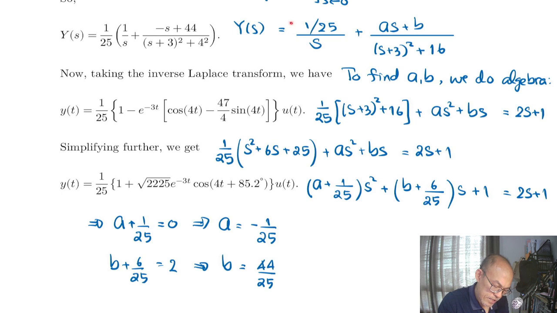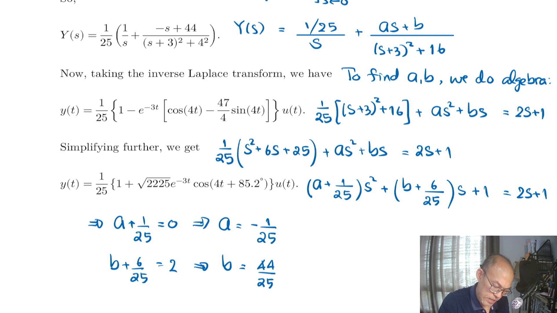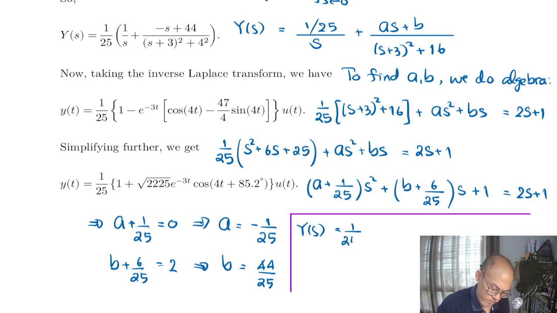So I plug these two things back into Y(s). Y(s) is now equal to 1 over 25. Sorry, I'm going to pull 1 over 25 out.